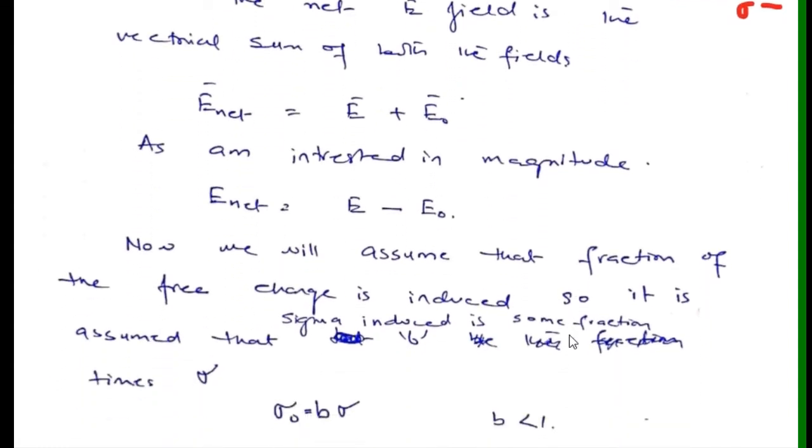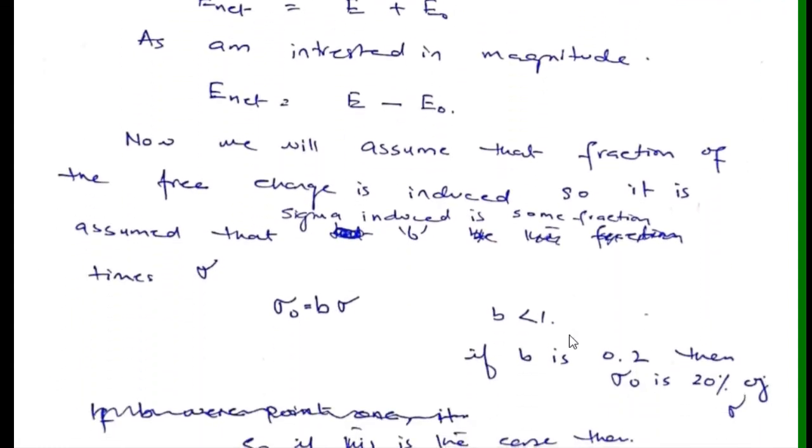Now we will assume that a fraction of the free charge is induced. So it is assumed that sigma induced, that is sigma naught, is some fraction times sigma.